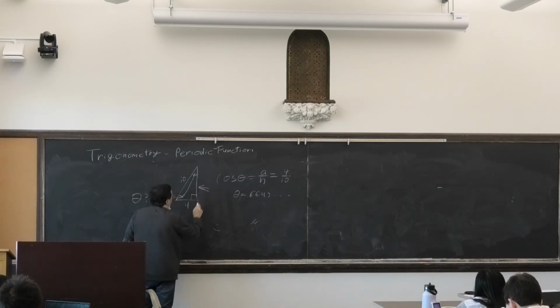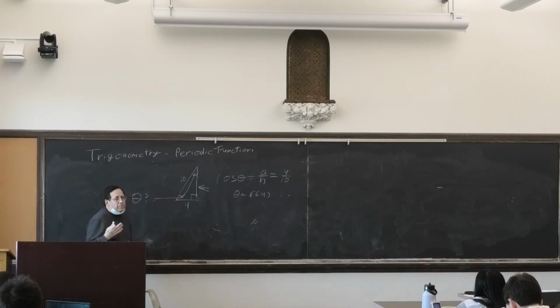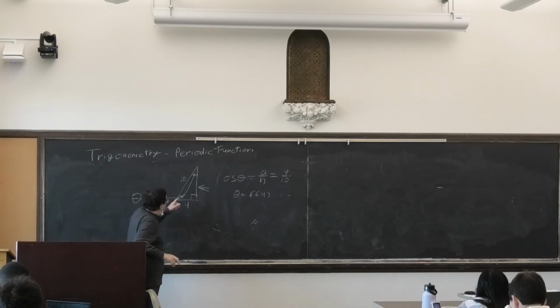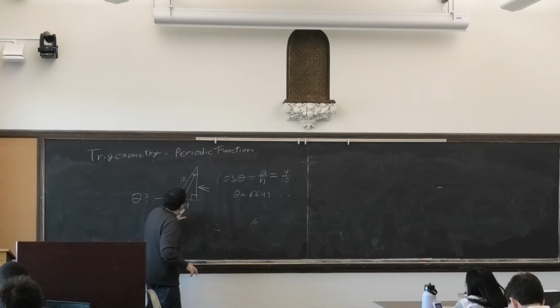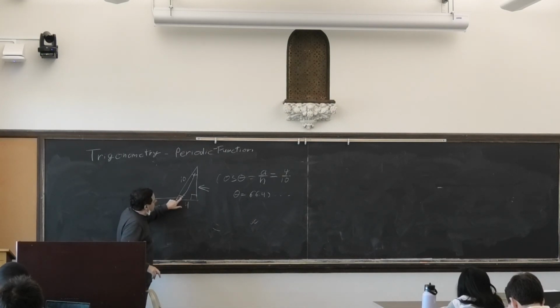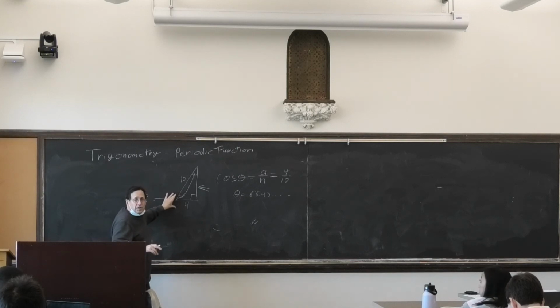This side here, I actually have two ways to get it. I could use the sine function, right? I have the angle now, 66 point whatever.